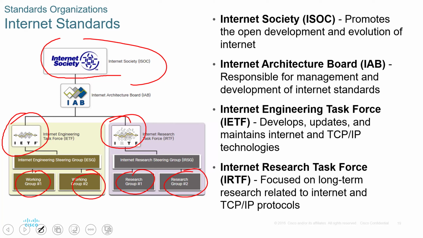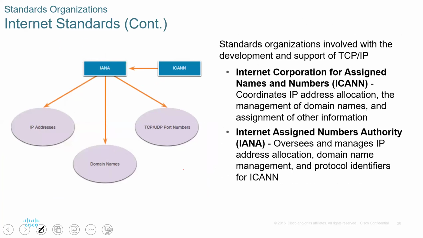The Internet Engineering Task Force is people that develop, update, and maintain the internet and the TCP/IP technologies as well. And those in the research section focus on long-term research related to the internet and TCP protocols.